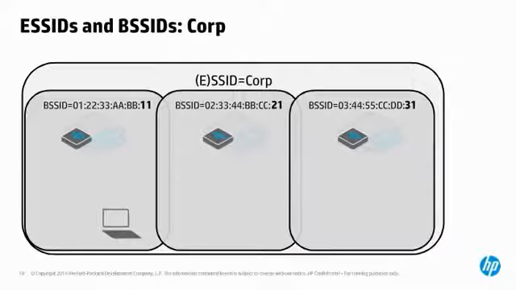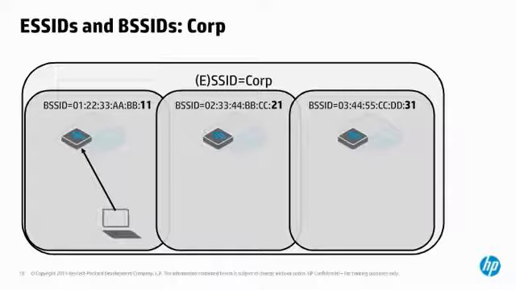A corporate client will initially connect to the closest AP on the left side, in this case, with BSSID ending in BB:11. Each frame transmitted by the endpoint is sent to this AP's BSSID MAC address.